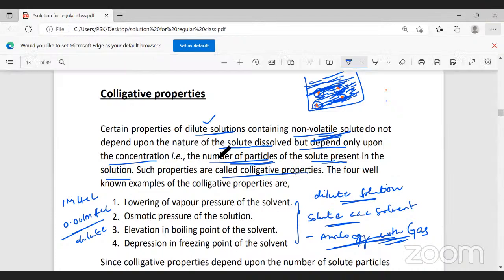Now, what is this colligative property? It's a lengthy definition. We'll make it very simple. I'll write here the simple definition so that you can understand better.